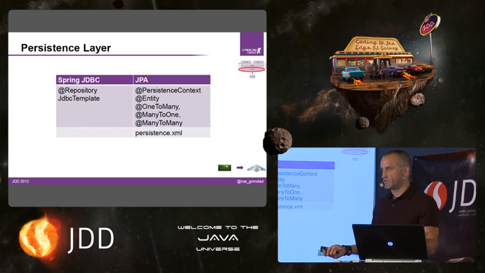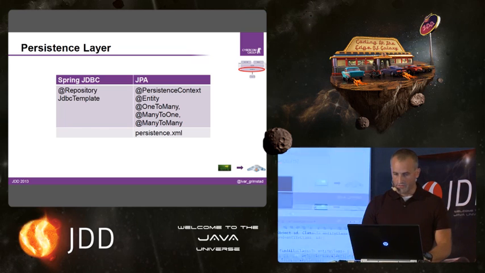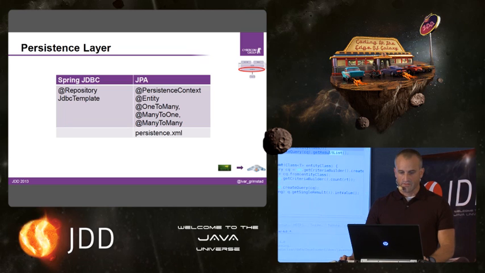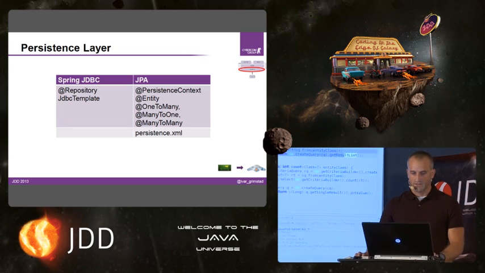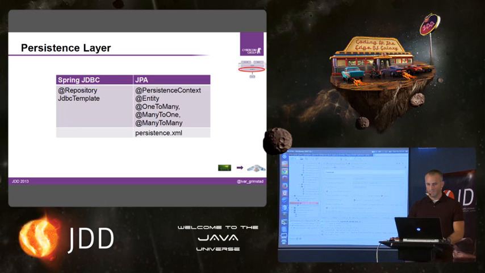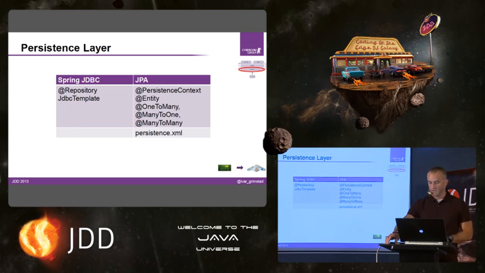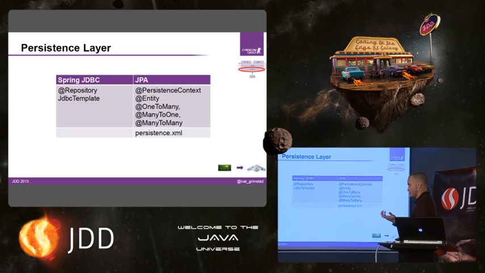And I added a persistence XML file, which I forgot to show you, but I'll do it right away. That just maps up my data source. Just shows where I'm looking at my data source. And I've used annotations for the relationships.